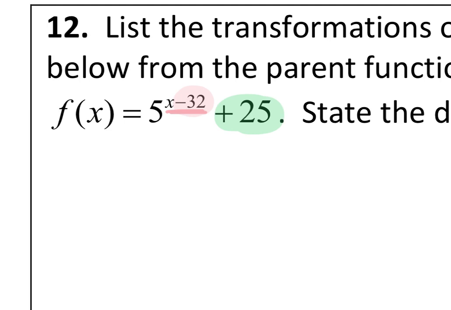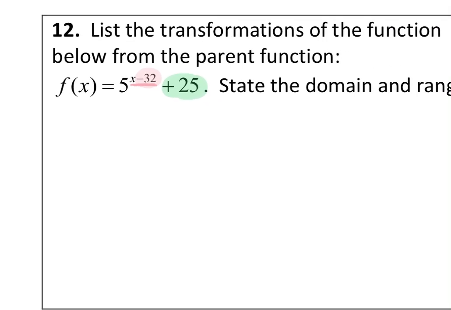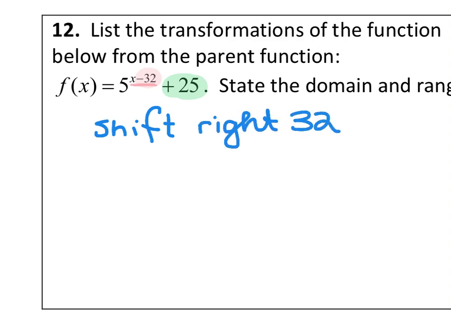Remember that insiders lie, and that's your insider. And so minus is going to be a shift to the right. So this is shift right 32. And then the plus 25, that's an outsider. Outsiders don't lie. So that's going to be a shift up 25.